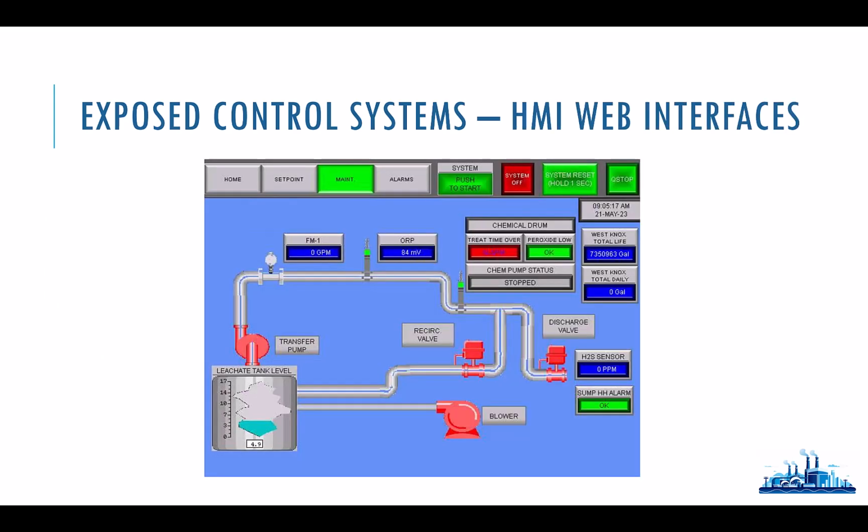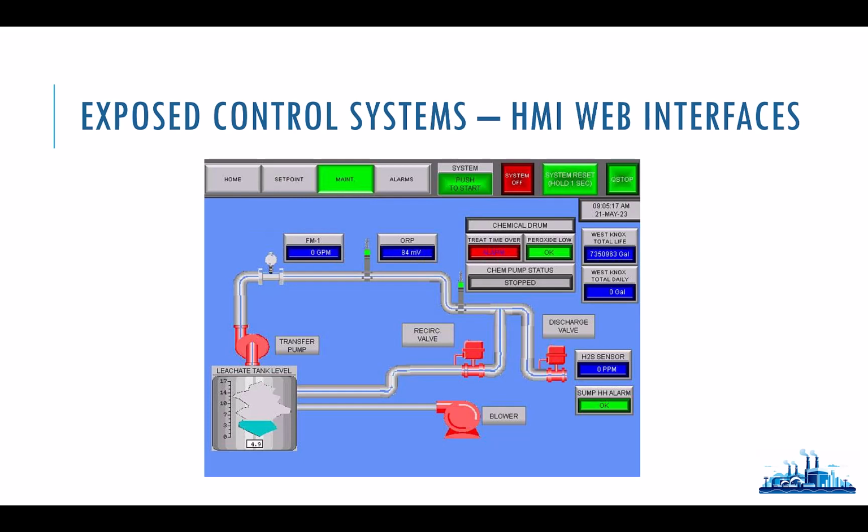And here's an example of one of those human machine interfaces, or HMIs, that I was talking about, that's available over a web page, which a lot of these can be exposed just as read only. So it allows you to look, and you see buttons, but you can try and click them and nothing happens. But what if you find the ones that are interactive?